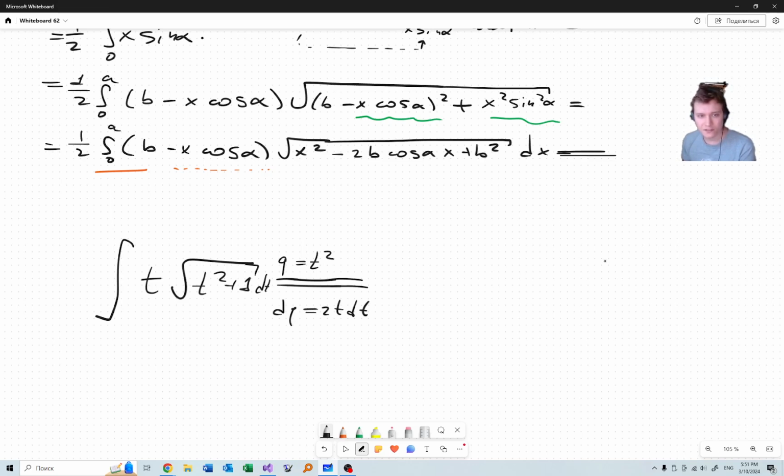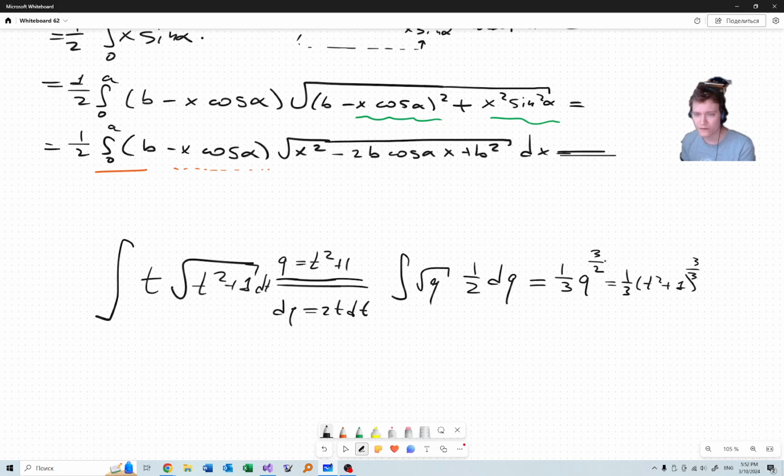So actually I have here square root of q plus 1, actually plus 1 here. So I have a square root of q, 1/2 dq, which is 1/3 q to the power 3/2, which is 1/3 of t squared plus 1 to the power 3/2.